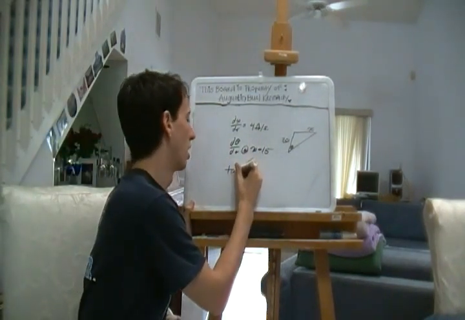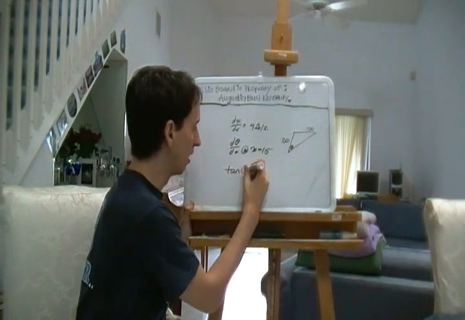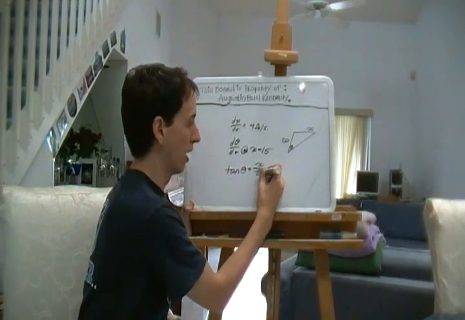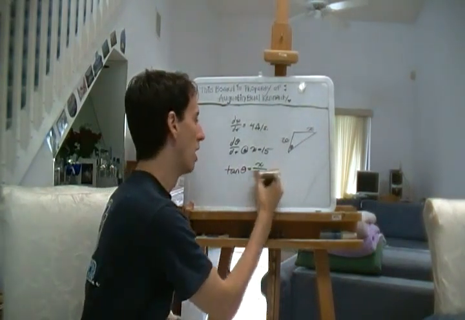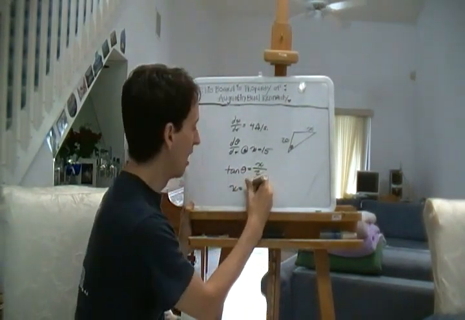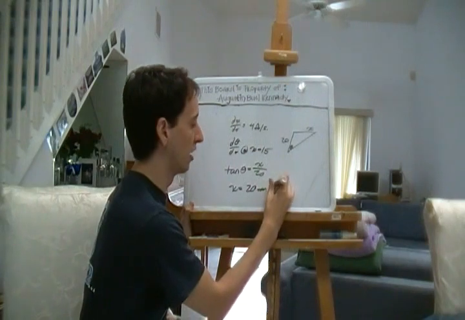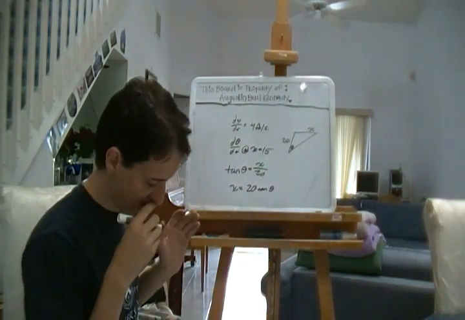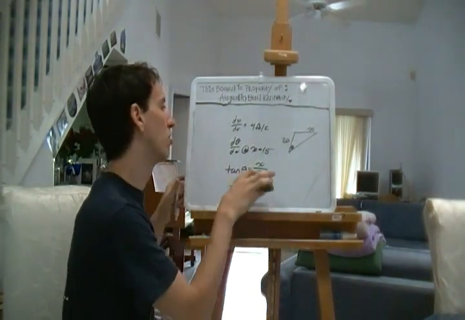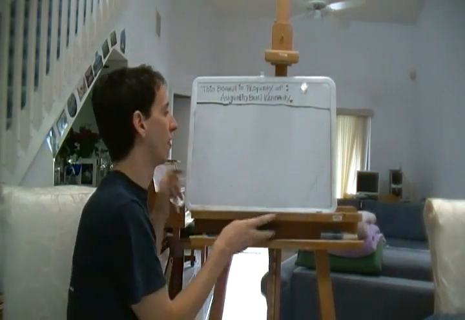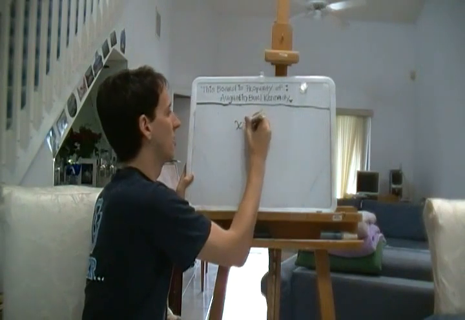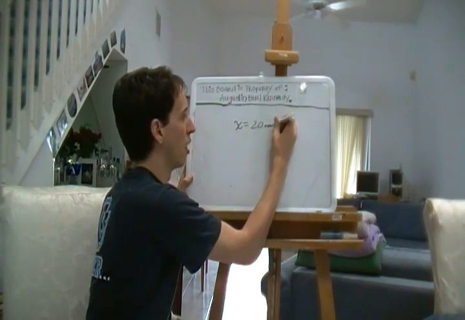So tangent of theta is x over 20, opposite over adjacent. Or x is 20 times the tangent of theta. So, we differentiate both sides. x equals 20 tan theta is what we have.